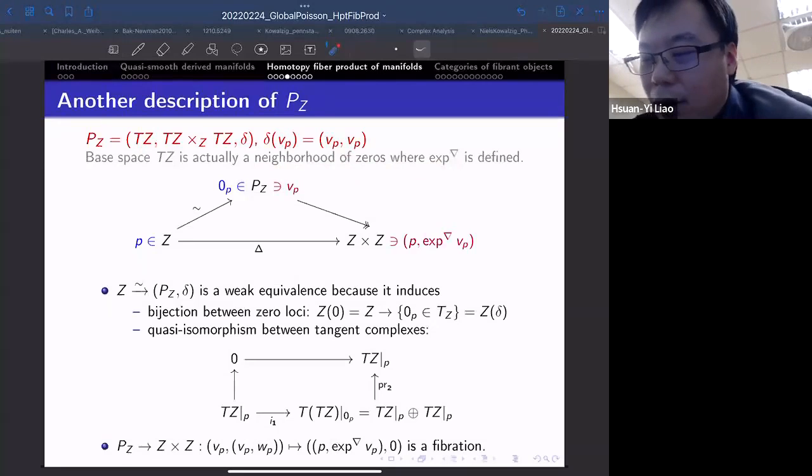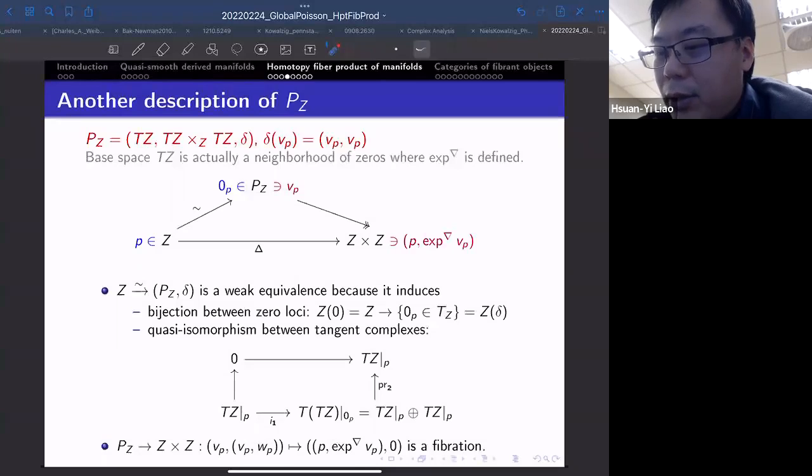Yes, and with this description, the factorization becomes like this. It maps P to 0P. This is the weak equivalence from Z to PZ. And the submersion is given a tangent vector BP. It maps to two components. The first component is P, the natural projection.